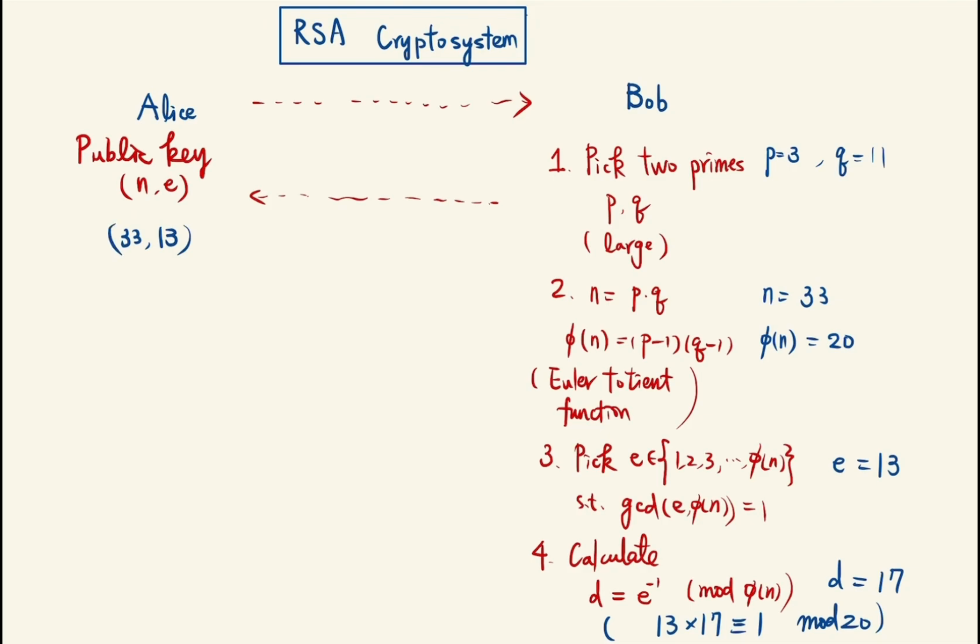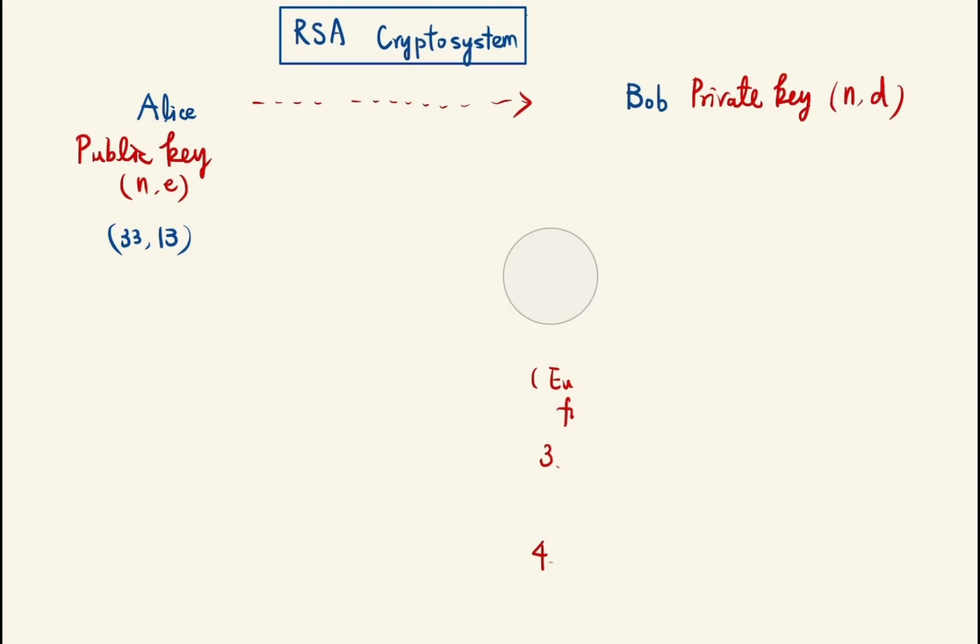And Bob himself keeps the private key, which is N, D. In our example, that is 33, 17. Okay, so now Alice can send her message to Bob.